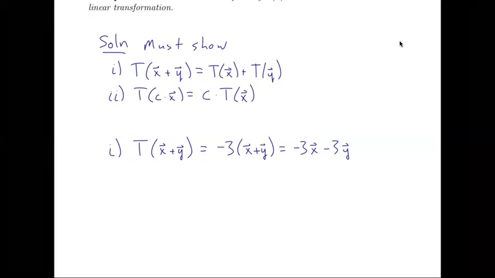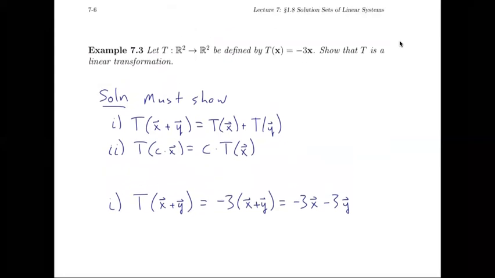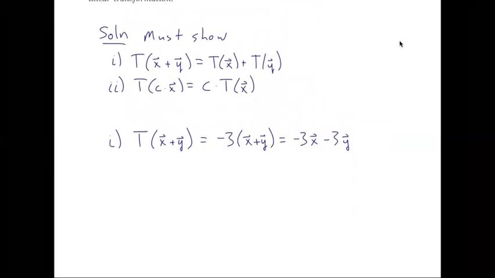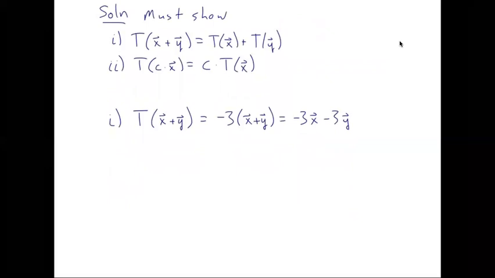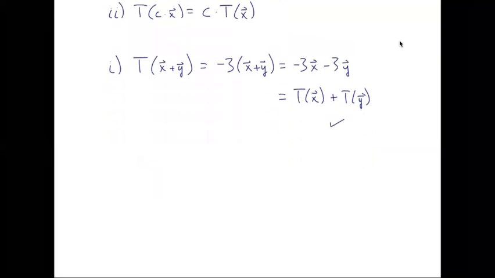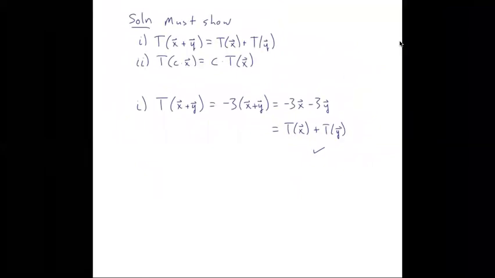So we can do this. And when we look closely, we realize that this is actually what T is defined as. T of X is -3X, and T of Y is -3Y. So we can rewrite this as T of X plus T of Y, because -3Y is T of Y and -3X is T of X. So we have this property shown, demonstrated, we'll say.